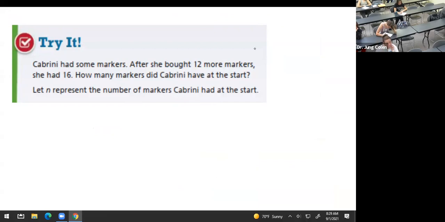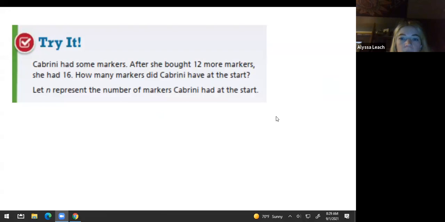How would you like to teach this to your students? Let's think about all the models that we can think about. Okay, Alyssa Leach, what's your idea for this problem? Okay.